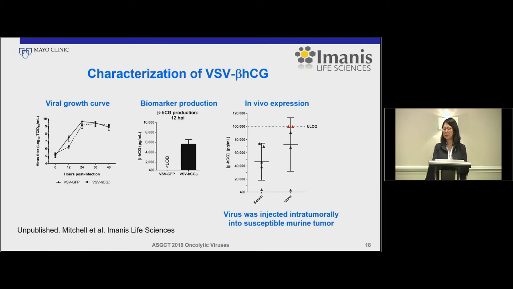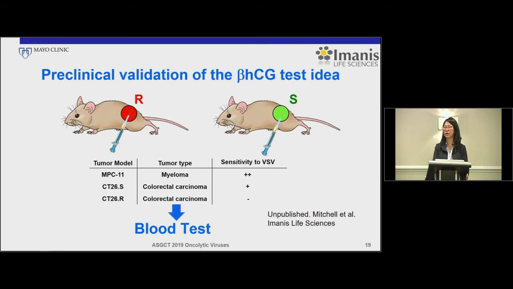And when injected intratumorally into a flank tumor, in the MPC tumor that's highly permissive, you can see that we can measure high levels of beta-HCG, about 40,000 picograms per mil in the blood, in the serum, or else we could also just take a very easy urine sample from the animal and quantitate it, and we can see that it's expressed, and it makes enough, and it's so sensitive that you can still detect it, because it may not be sensitive enough if your virus is not replicating.